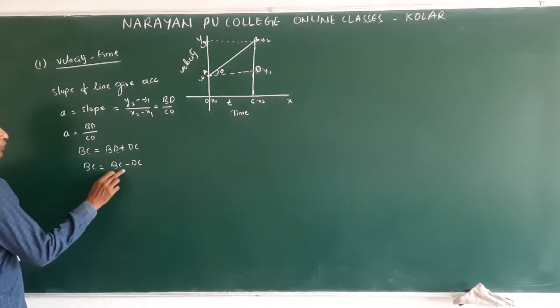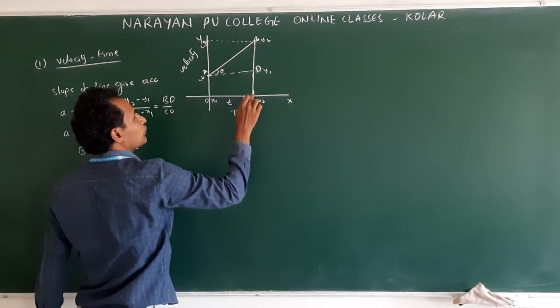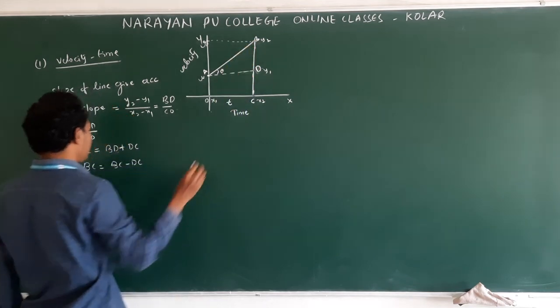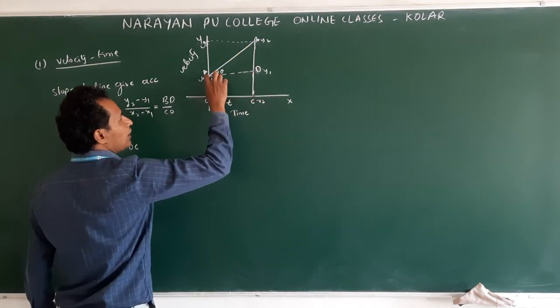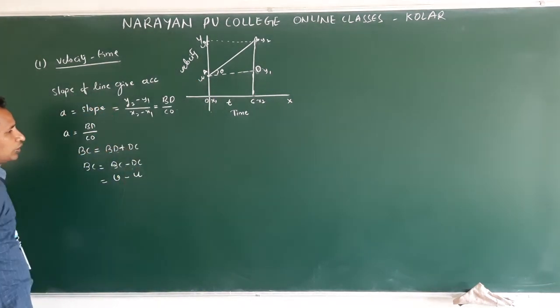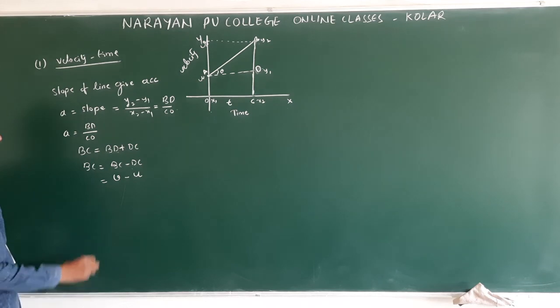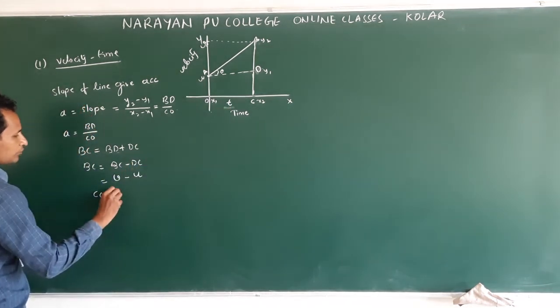BC is the total, which represents the final velocity V. And DC is parallel to AO, so this is nothing but U. Clear? Now CO represents time T.